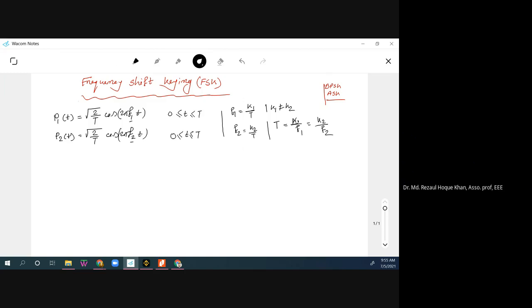Now, what is the energy? The energy EP is the same as we did before: the integral from minus infinity to plus infinity of P1 squared t dt, or of P2 squared t dt, right?